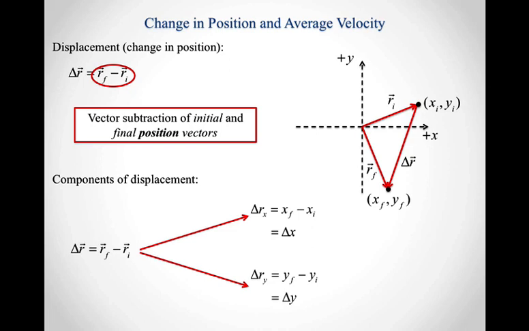Or the change in the y component of the position, which we'll also call delta y, that's going to be y final minus y initial. So again, we have one equation for each relevant dimension in the problem. So if we've got a 2-dimensional problem, which is many of the ones that we will deal with, then we're going to end up with 2 equations.